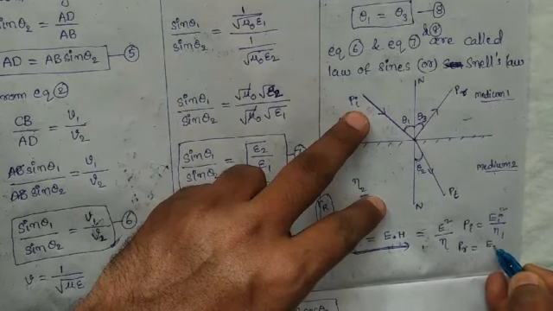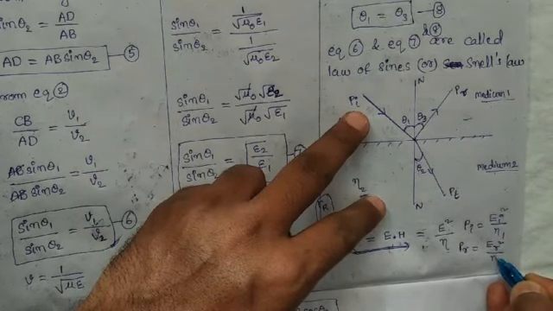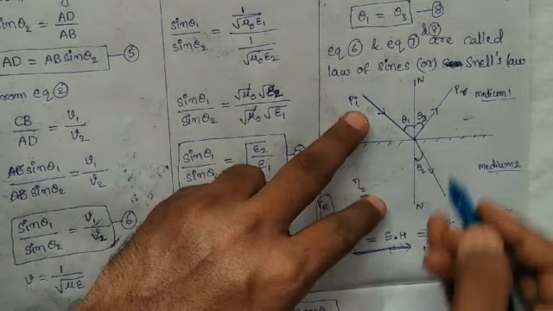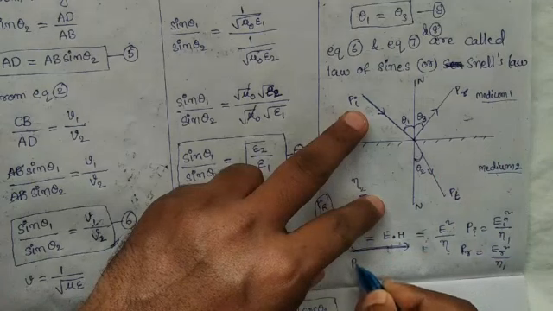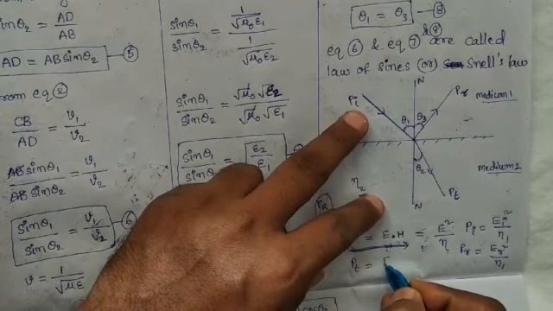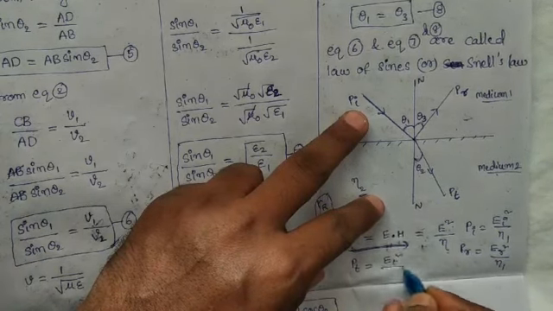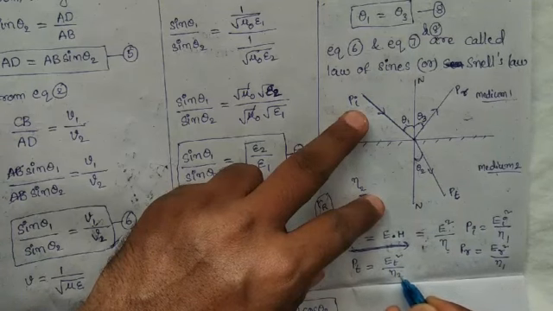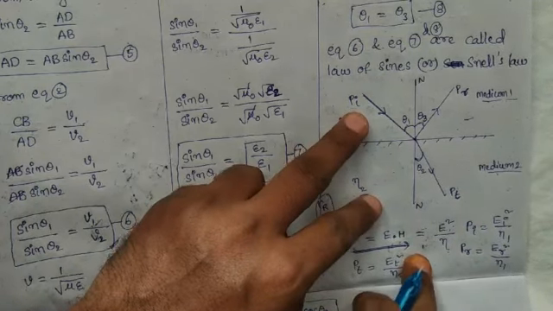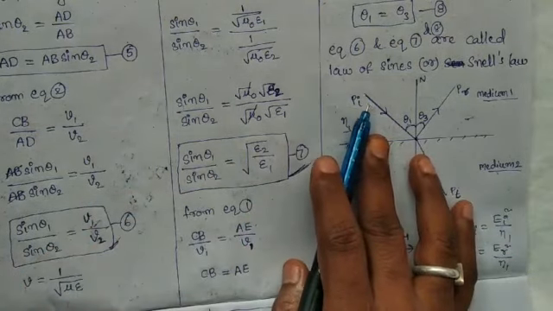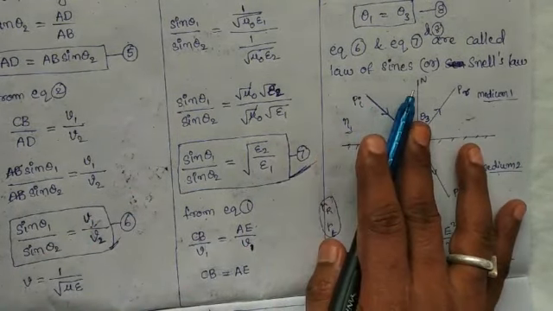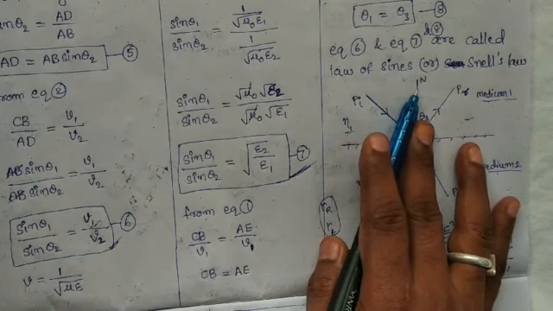E R square by eta 1. It is also in medium 1. Here similarly PT is equal to what? E T square by eta 2 it is. Here now the component of incident power along normal.